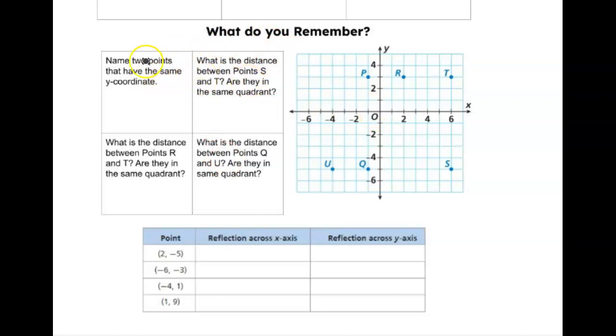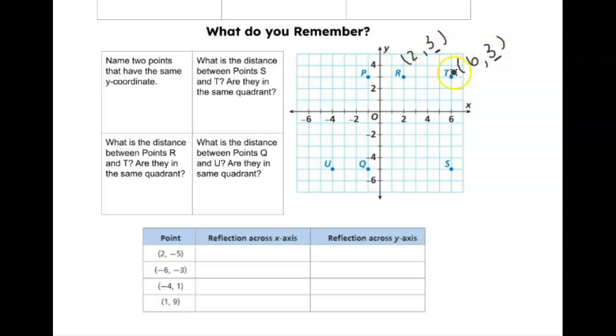Okay, so we're going to use this coordinate plane to answer these questions. Name 2 points that have the same y coordinate. If I run to 2 and jump to 3, that's what that one would be. This one I'm running to 6 and jumping to 3.